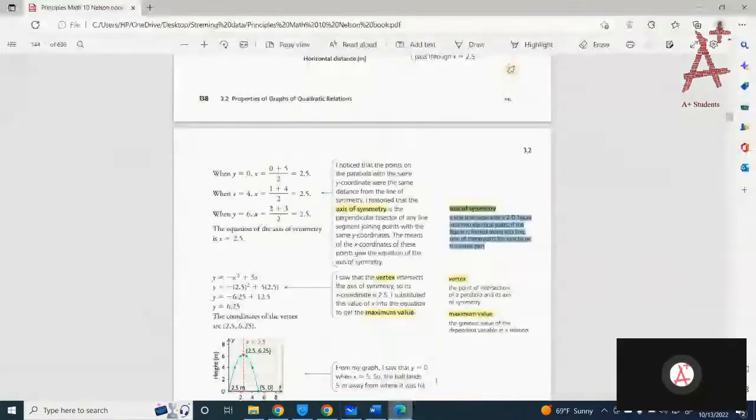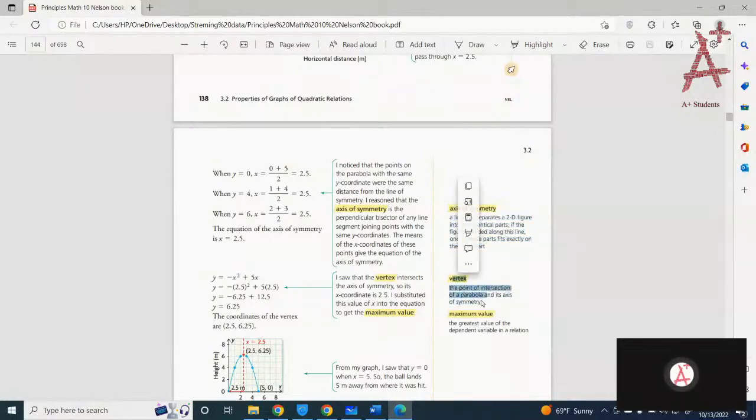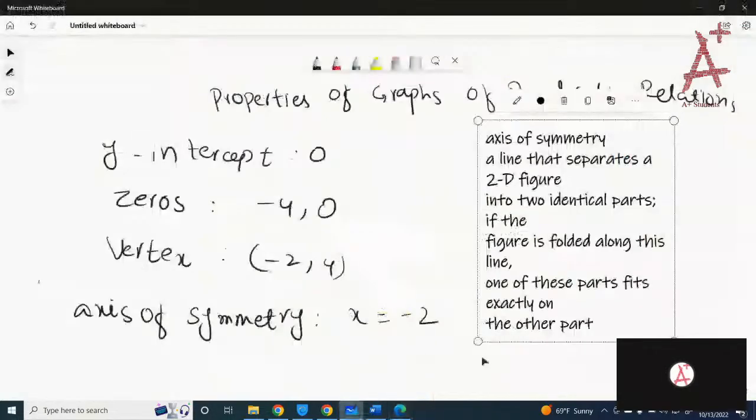Okay, the next one is vertex: the point of intersection of a parabola and its axis of symmetry. That is the definition of the vertex. Got it?